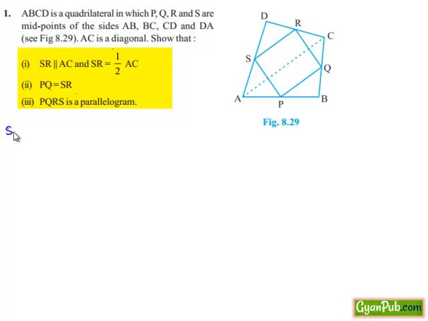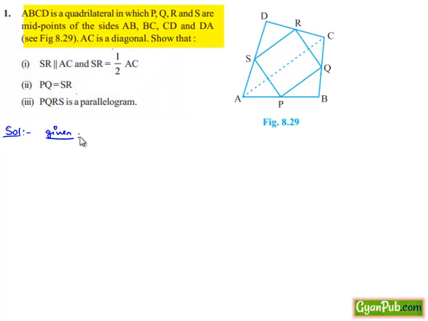Now moving on to the solution. He has given that ABCD is a quadrilateral in which P, Q, R and S are midpoints of sides AB, BC, CD and DA respectively, and he has also given that AC is diagonal.